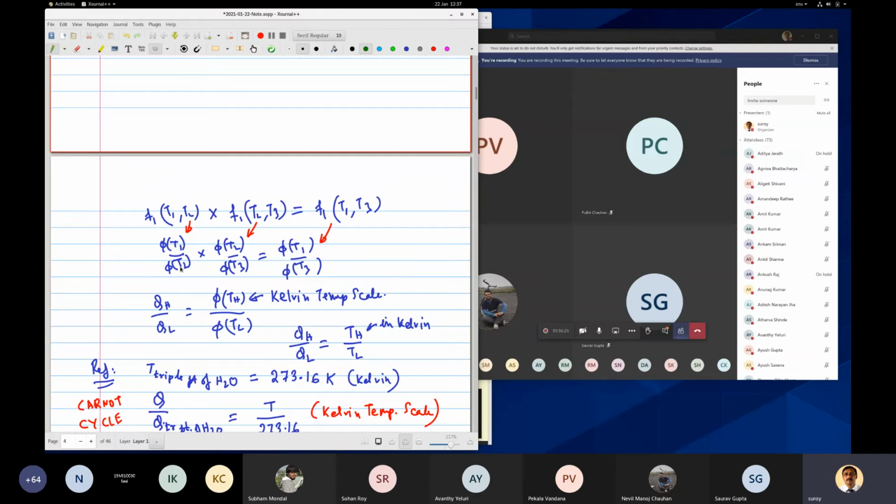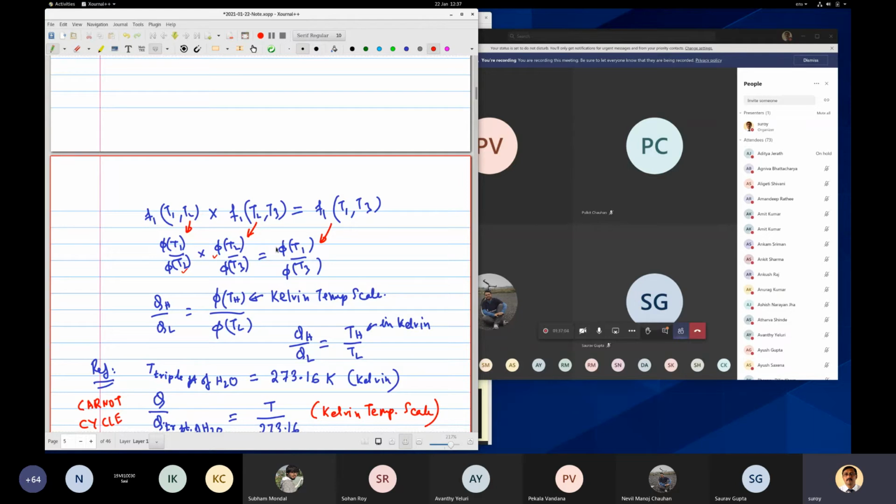Then only when you multiply, it will become T1 and T3. Because here you have T1, T2, T2, T3, and there is no T2 in the result, we should be able to cancel it when you multiply. That is only possible if you have it like a ratio. So this T2, this function gets cancelled, and you get T1 and T3.